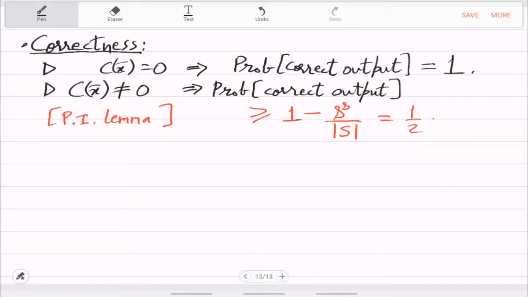But here at least you now have a sense of the correctness: for a 0 circuit it is always correct, for a non-zero circuit it is correct 50% of the time. So that is a decent probability. You repeat this algorithm again and again, and if you repeat it twice, then the error probability becomes 1/4 and so on.